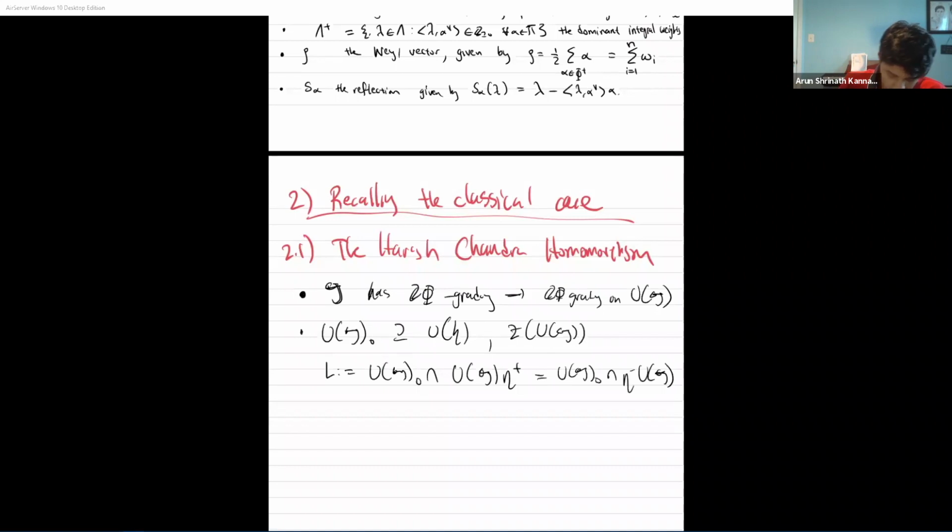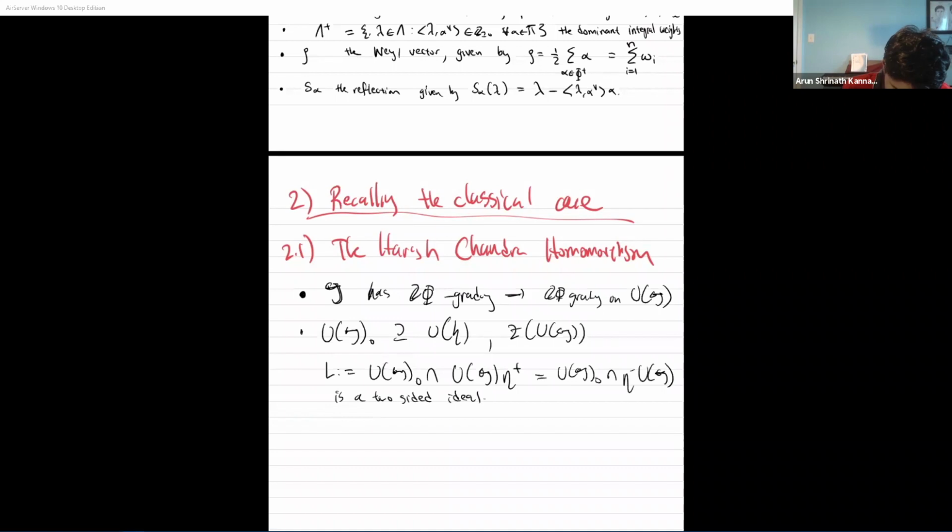And what you end up getting is that this thing is complementary to U(h) in U(g)_0. So we have the direct sum. Maybe you could just write the statement that L is a two-sided ideal. Yeah, okay. So L is a two-sided ideal.